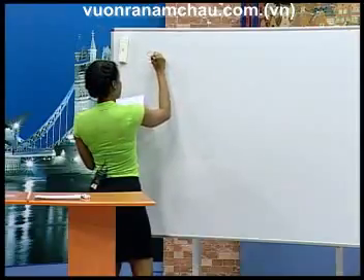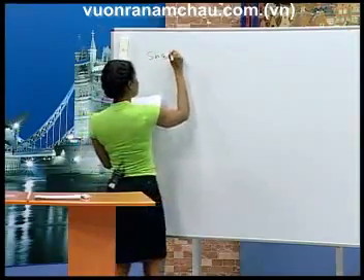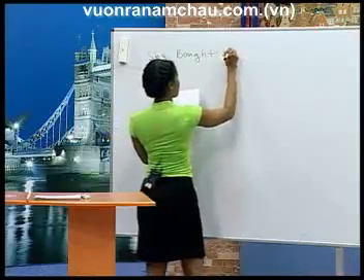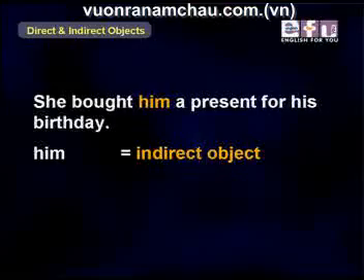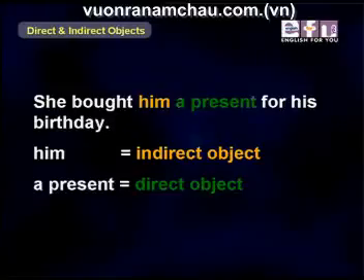Anna, look at the first sentence and tell me the direct object and the indirect object. She bought him a present for his birthday. Him is the indirect object and the present is the direct object. Good.